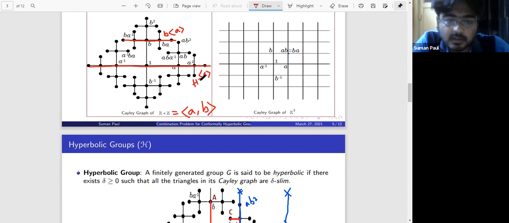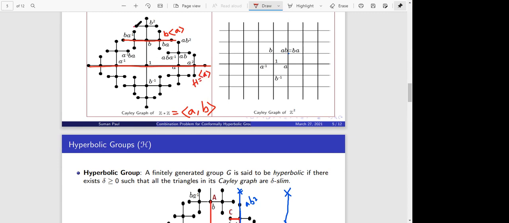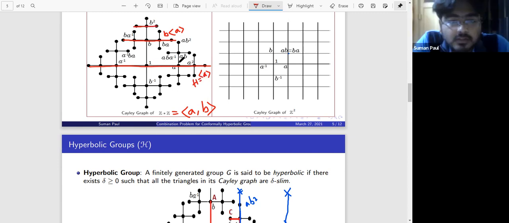Similarly for this also, and also from this point.